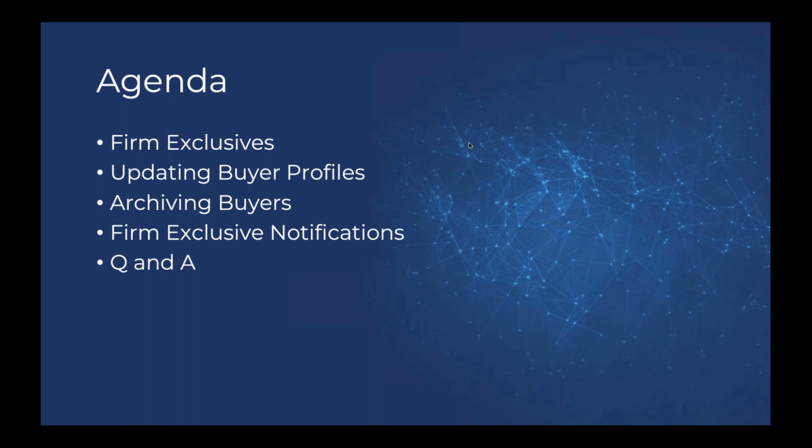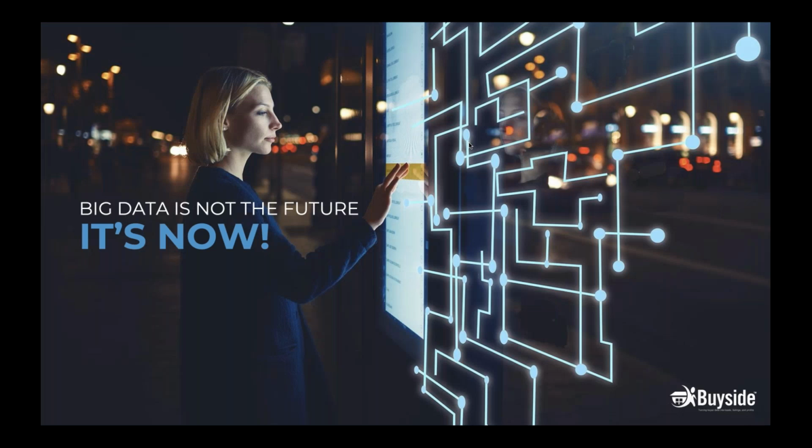All right, so first is big data is not the future, big data is now. So if you've seen one of our presentations before, you know that we've talked about this before, and these are the signals that we talk about that are all over online that show us the direction that the market is taking or the industry is taking, or whether somebody is ready to buy or sell.